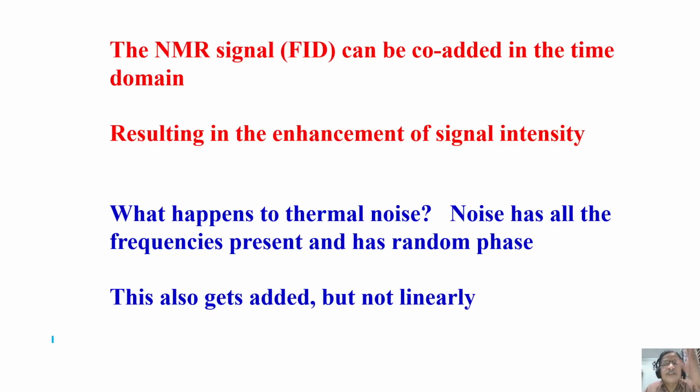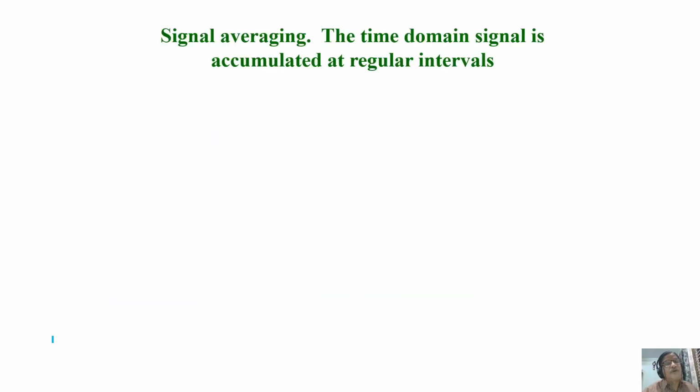Whereas what happened to the signal? You are co-adding it in phase. They keep on adding up. Then the signal to noise ratio becomes better. This process of co-addition of free induction decay in the time domain is called signal averaging.